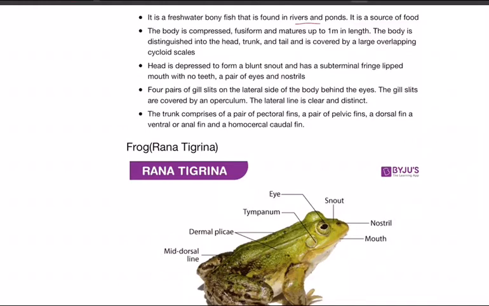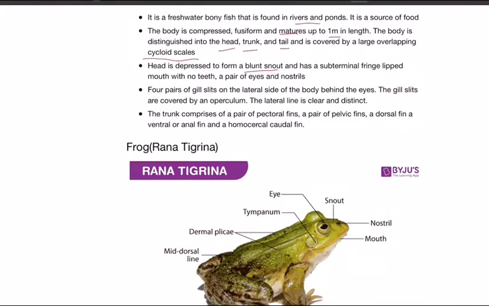Features: it is a freshwater bony fish that is found in rivers and ponds. It is a source of food. The body is compressed, fusiform, and measures up to 1 meter in length. The body is distinguished into head, trunk and tail, and is covered by large overlapping cycloid scales.